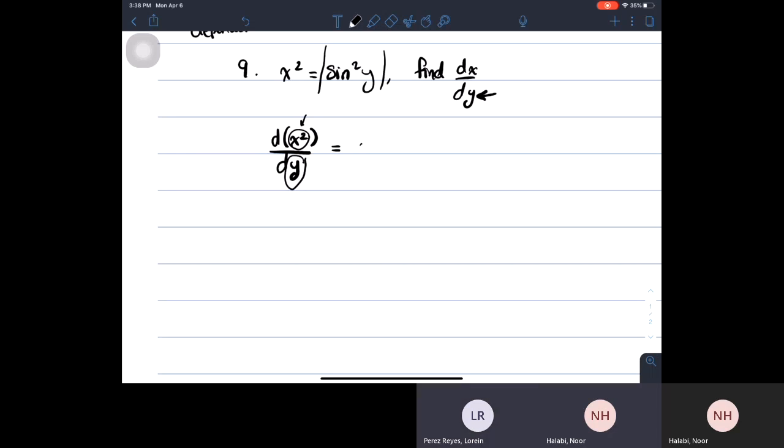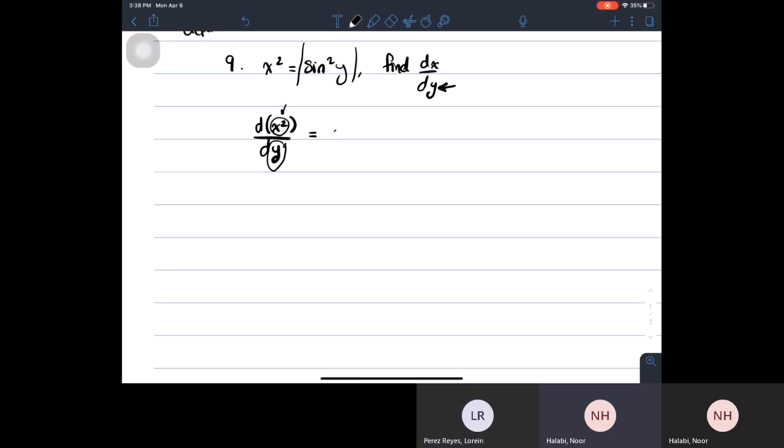So basically, I can't take the derivative of this, because there is no y in the function. But what I can do is multiply this function by dx over dx. It looks like I'm multiplying by 1, because they can cancel out.